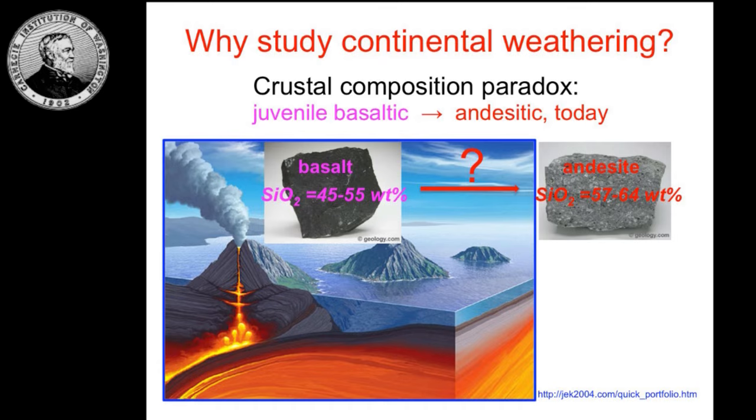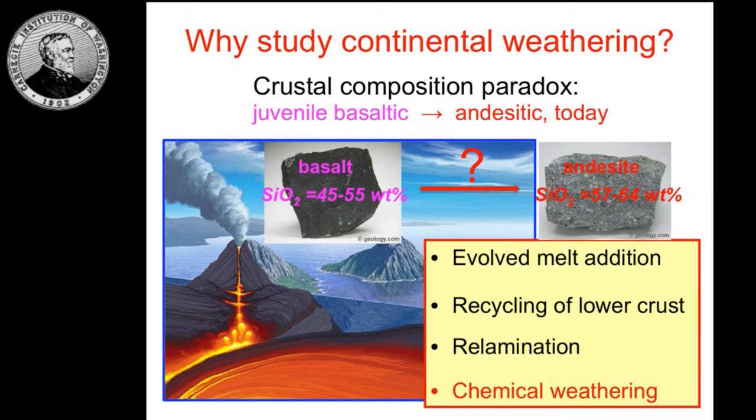Many hypotheses have been proposed to solve this crustal composition paradox, including involving melt addition in a hotter Archean, because the Archean may have had a higher degree of partial melting. We have more felsic crust at that time. So the juvenile crust may not be entirely basaltic as it is today.